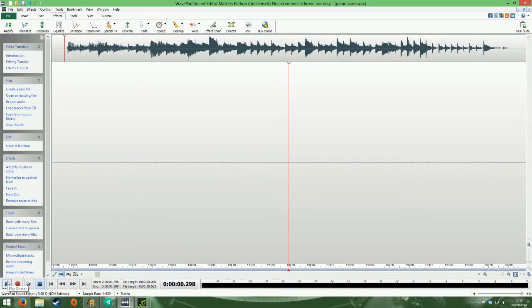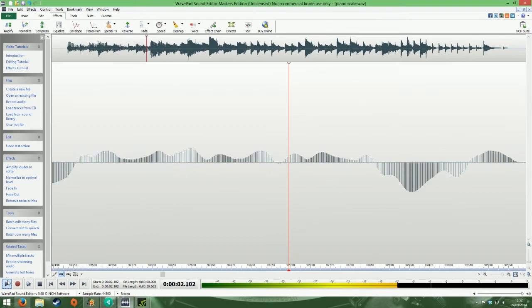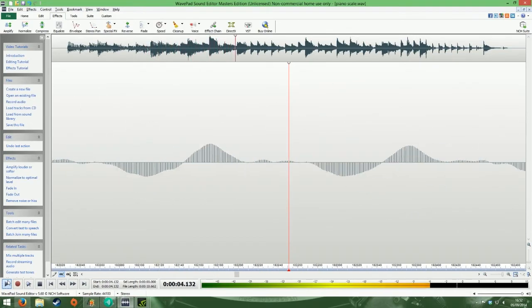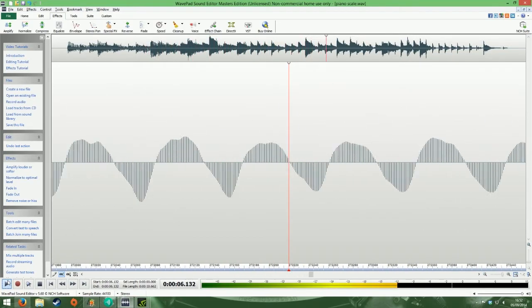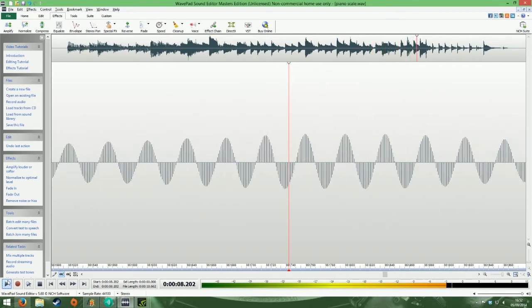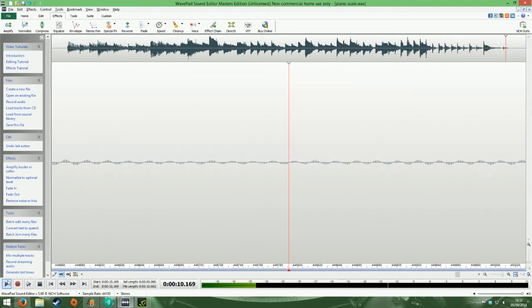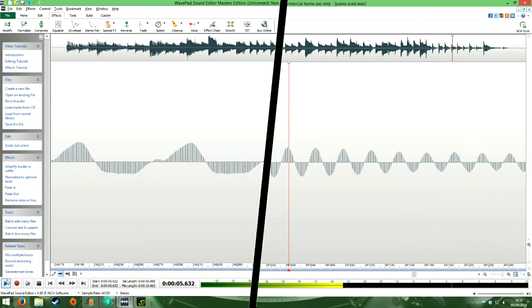Pay particular attention to frequency and amplitude. You should have noted increased frequency on higher notes and decreased frequency on lower notes. Louder notes have a larger amplitude, while softer notes have smaller amplitude.